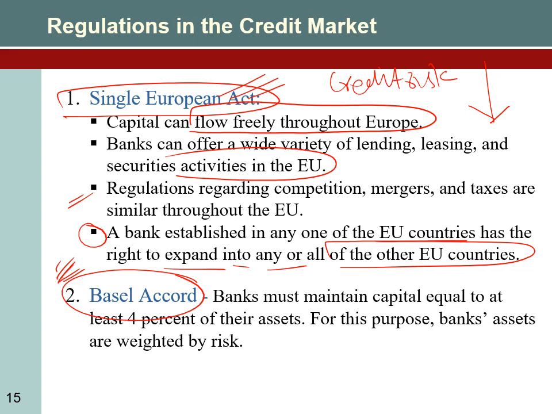The Basel Accord agreement is that the bank must maintain capital equal to at least 4% of their assets. For this purpose, banks' assets are weighted by risk. This is discussed under a separate subject called banking and finance, financial institutions.